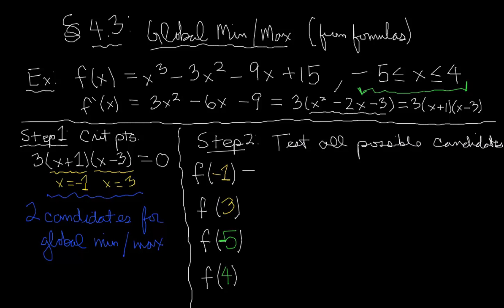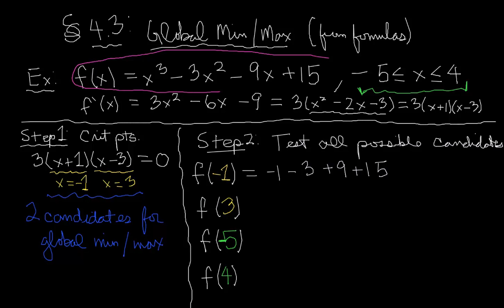Let's go ahead and plug these in. Remember, I'm plugging these into the original function, because we're looking for global mins and maxes of the original function. Where does it have its highest point? Where does it have its lowest point?